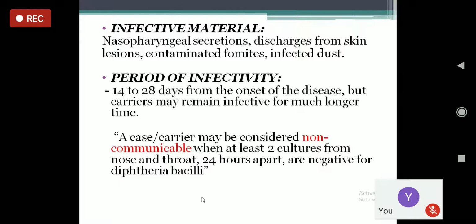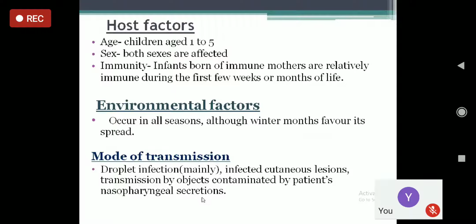If both culture reports come out negative for diphtheria bacilli, then the person is considered disease free and will not transmit the disease. This is how we confirm. Like in COVID-19 we repeat the PCR test, polymerase chain reaction, here we do the secretions culture.